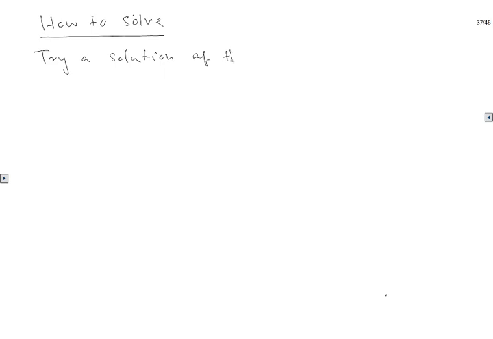So let's do that. How to solve? We're going to try a solution of the form y equals e to the lambda x.